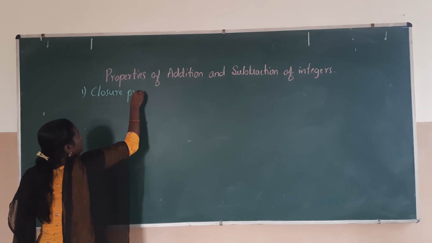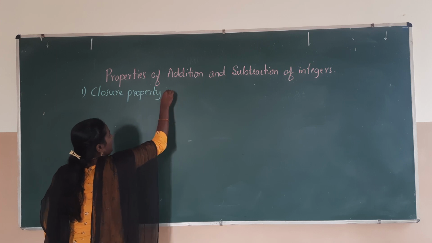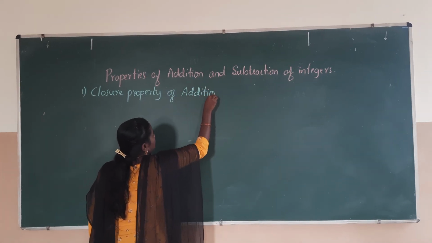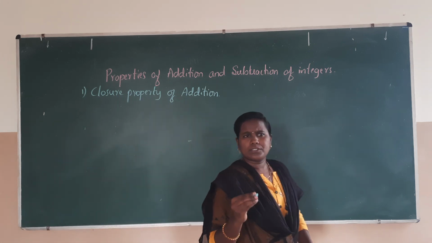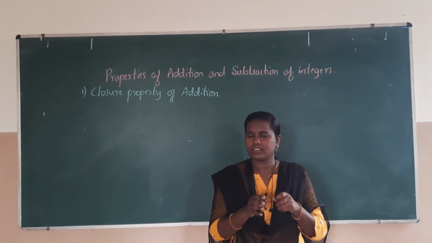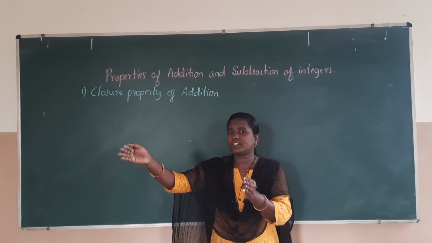Closure property of addition. What is this closure property of addition? Yes, so you have seen that when you add whole numbers, what is the answer you are going to get?